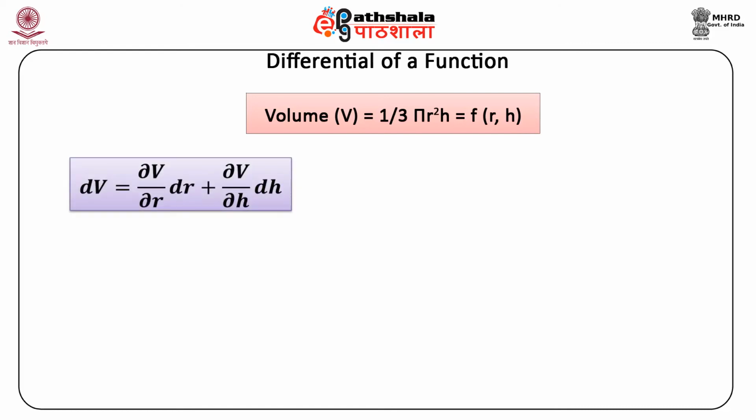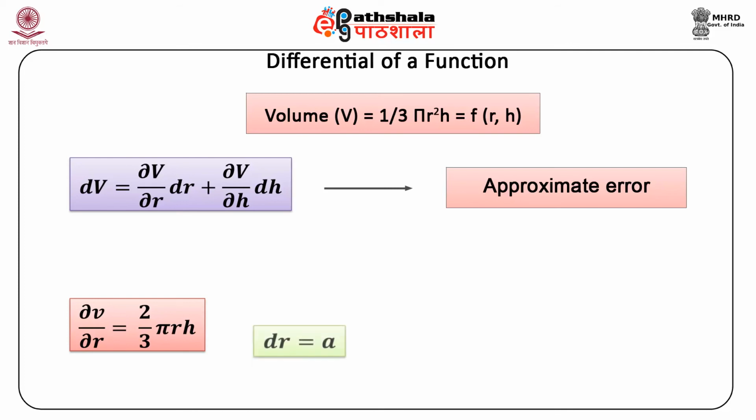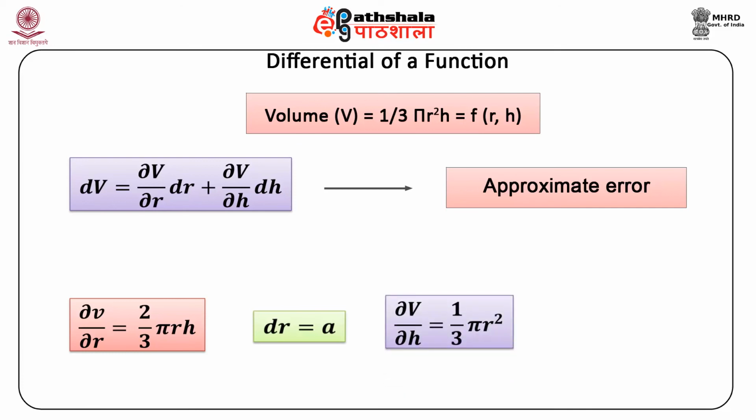dV is equal to ∂V/∂r into dr plus ∂V/∂h into dh, which gives the approximate error in the estimate of volume. ∂V/∂r is equal to 2 by 3 pi r h, dr is equal to a. ∂V/∂h is equal to 1 by 3 pi r square and dh is equal to b.